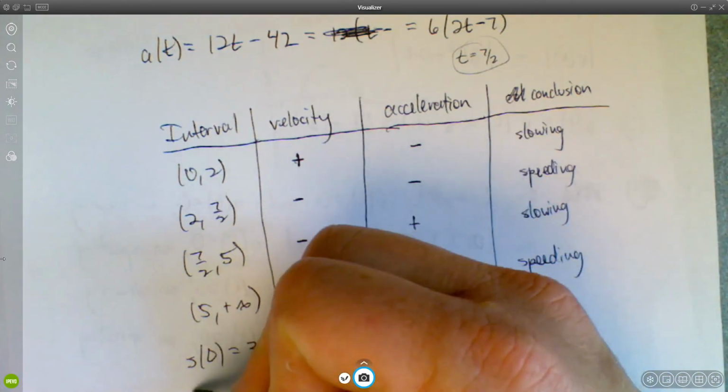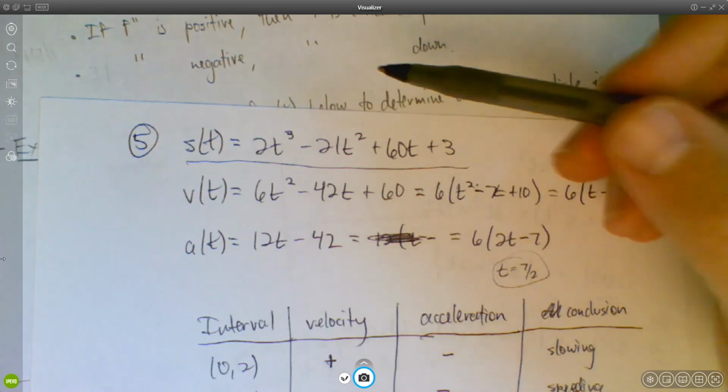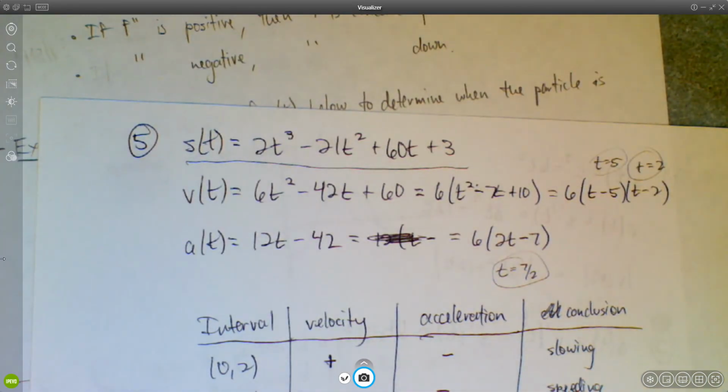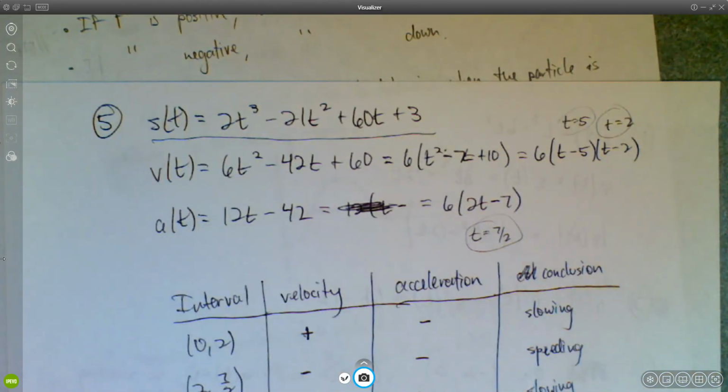s of 2 would be 2 times 2 cubed minus 21 times 2 squared plus 60 times 2 plus 3. It's 55.